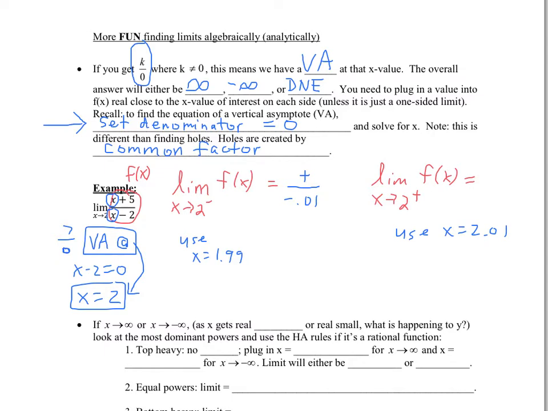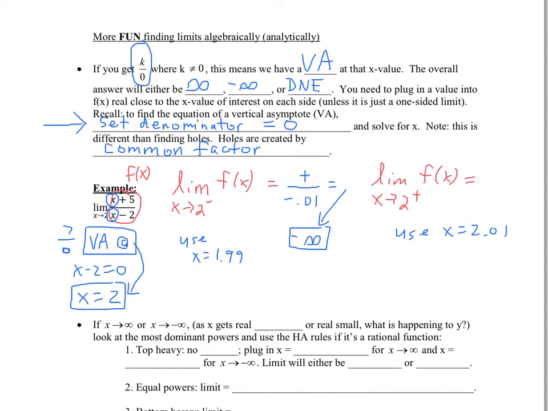I could have used 1.99999. If I had done that, up top I'd still have some positive number, around the size of 7, and I would be dividing it by something that was still negative, but very, very small. So in this situation, we would end up with negative infinity if we were to take a positive number and divide it by negative 0.01.